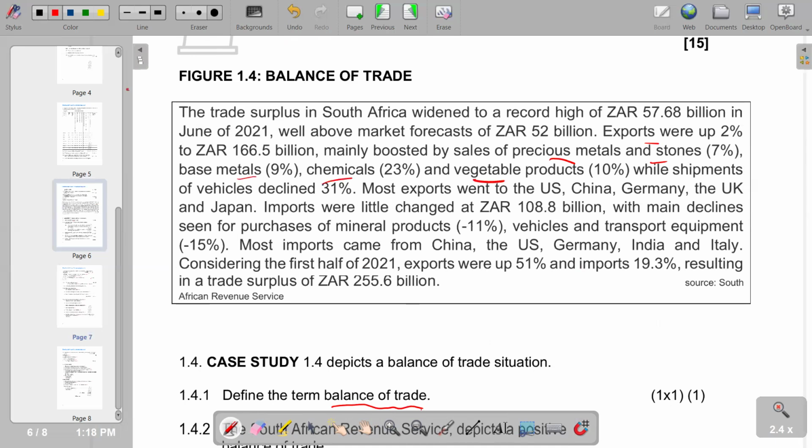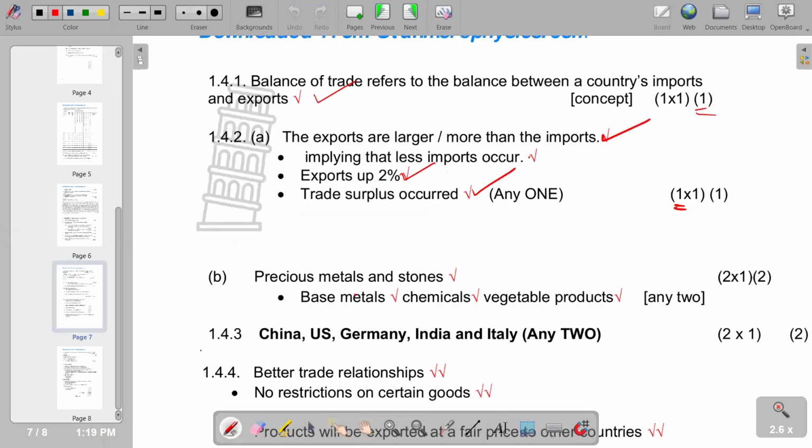So these are the products that are mentioned as our exports.